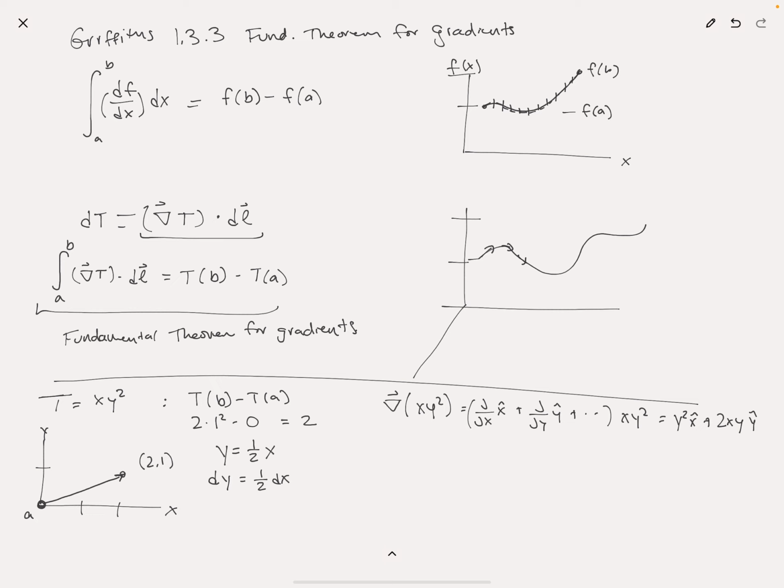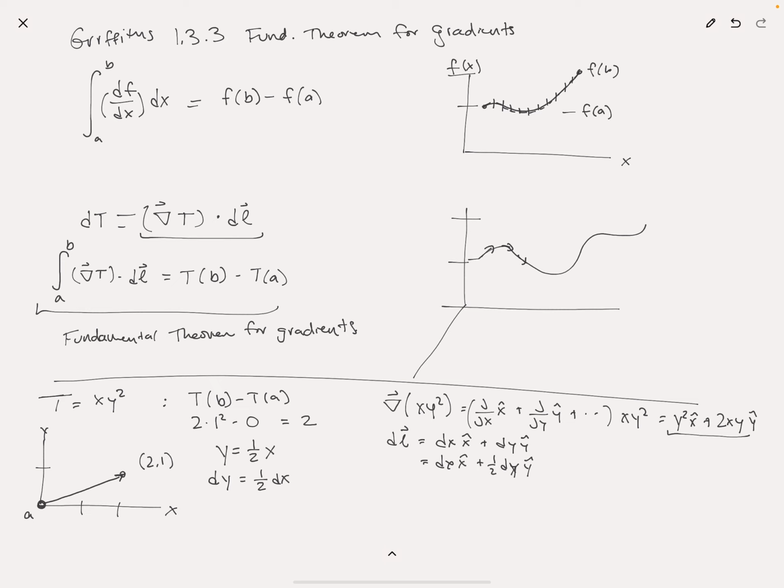All right, and what's my infinitesimal displacement? That is dx in the x-hat plus dy in the y-hat. But we can go ahead and rewrite it, and I'll choose to do everything in terms of x's: dx in the x-hat plus 1/2 dx in the y-hat.